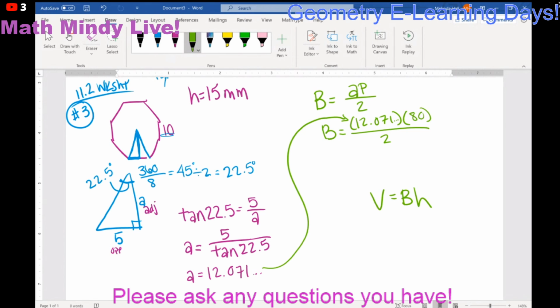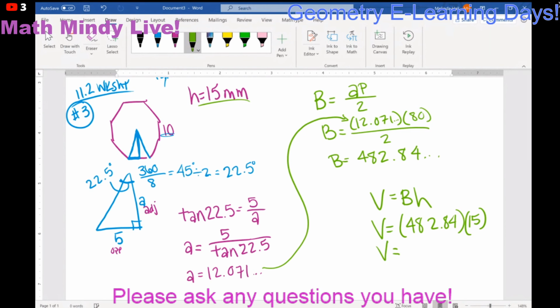When you multiply and divide, that gives you a base area of 482.84. Then you plug that number in for your big B in your volume formula and multiply it by our height, which we said was 15, and that's given in the picture.